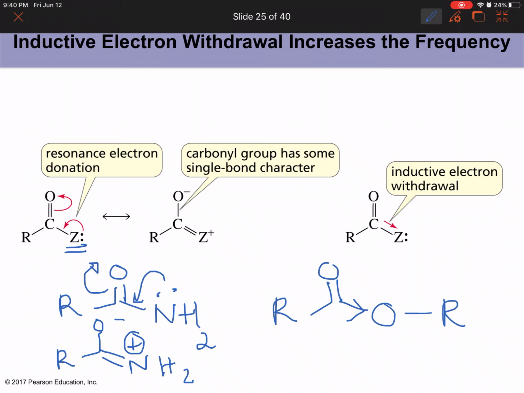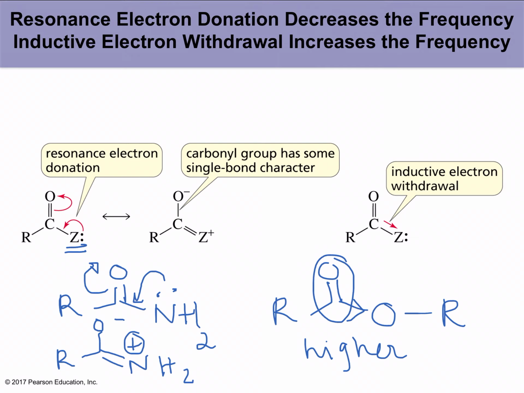So this carbonyl group will more likely stay as a carbonyl group. As a result, this would have a higher frequency, higher energy. You need to stretch a double bond, higher energy, higher frequency, higher wave number compared to the carbonyl group next to the nitrogen. Okay, so that's what it says here.